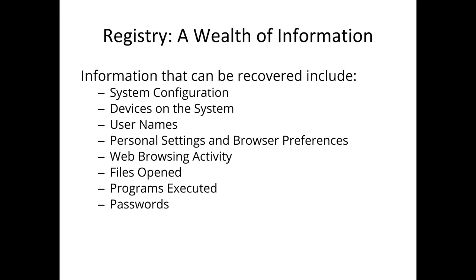You'll also find when those programs were executed, and you also find information associated with passwords. So this is Microsoft saying, let's centralize all of this initialization information that applications might want, to know what sort of system they're running on and what sort of users are on that system, to ensure that those applications can be configured correctly.